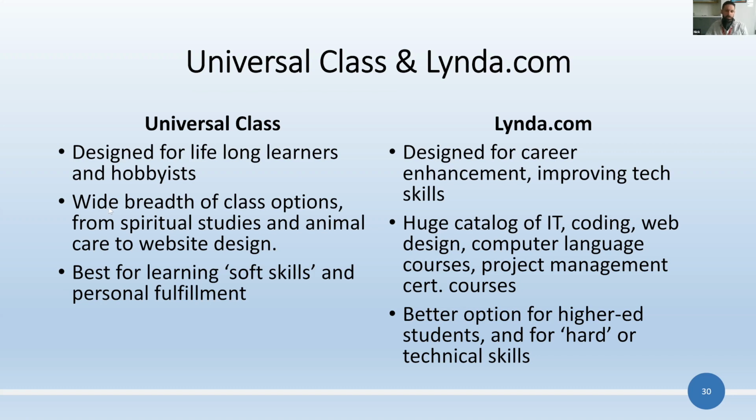This is more for personal fulfillment or for interests. However, there are modules that will help adult learners pivot careers or maybe get a leg up in the position that they occupy at present.